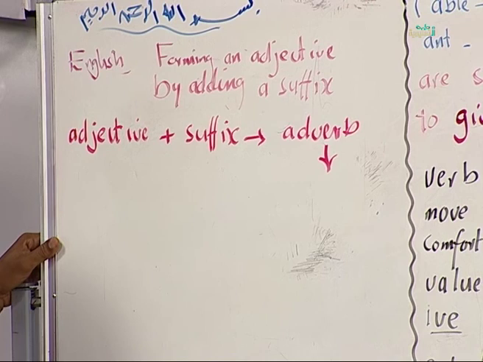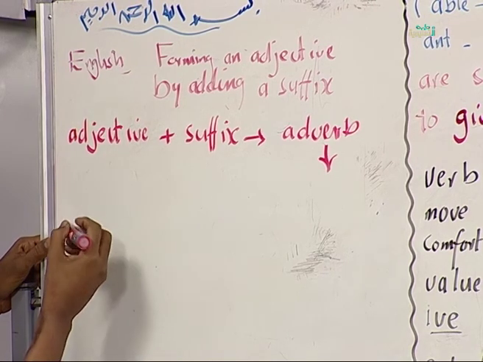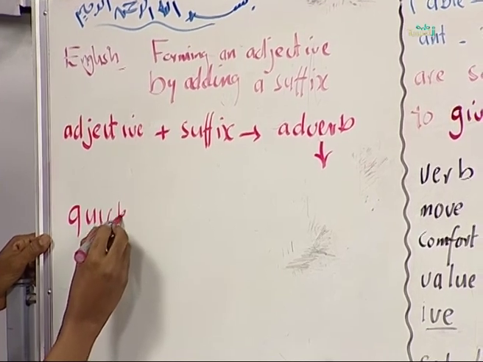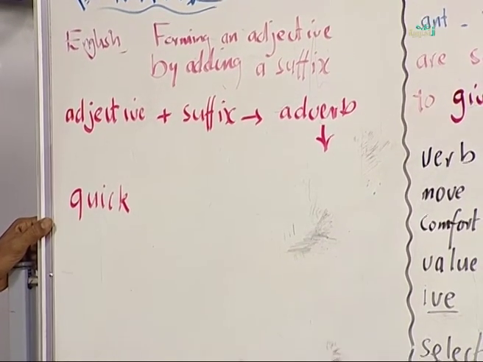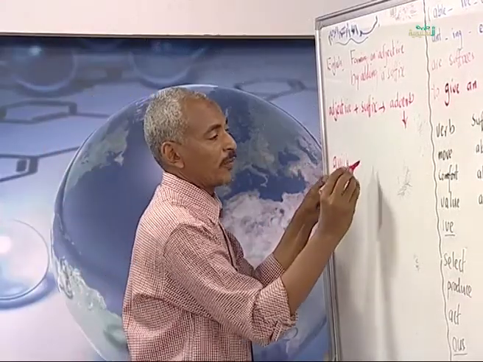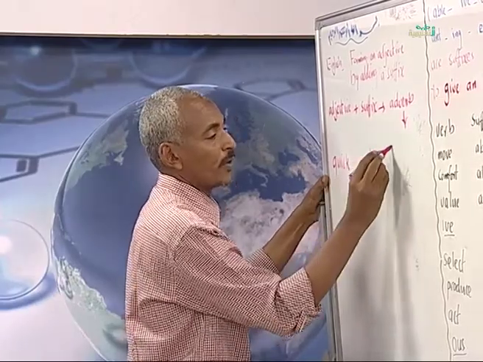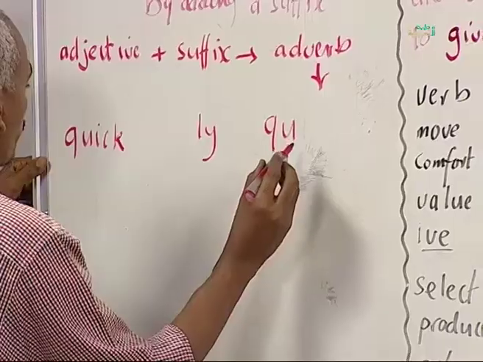For example, I have quick. We add to it the suffix L-Y to give the adverb quickly.